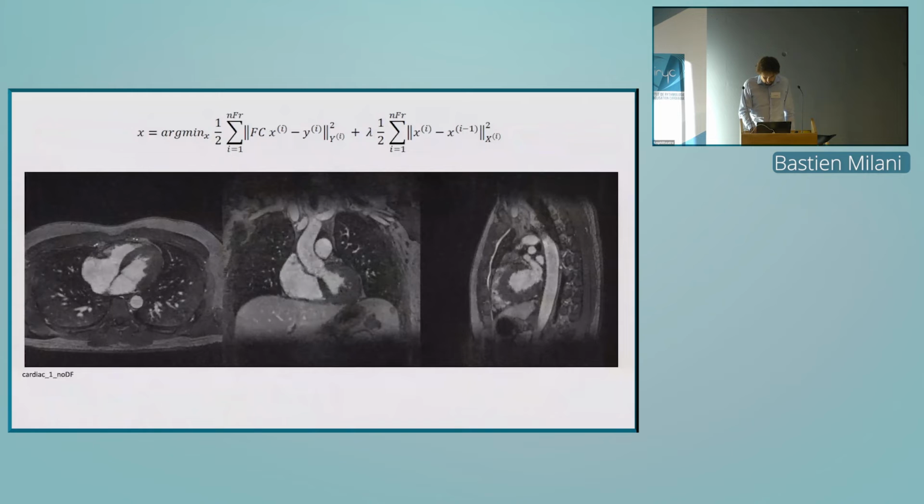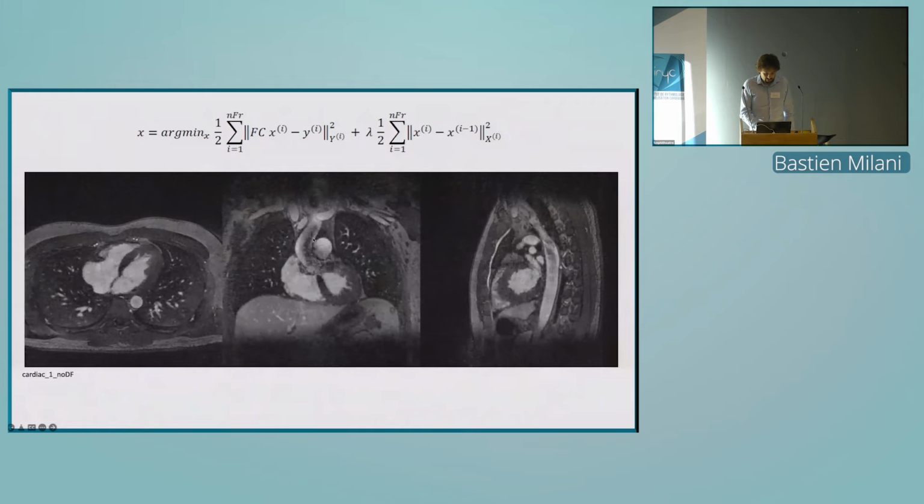Another way to reconstruct, the most advanced way that I have programmed until now, is to do a first reconstruction where we regularize in time by penalizing the difference of adjacent frames, but without motion field, because before you do any reconstruction, we don't have the motion field.